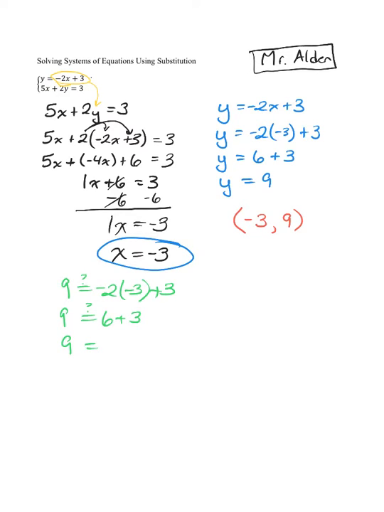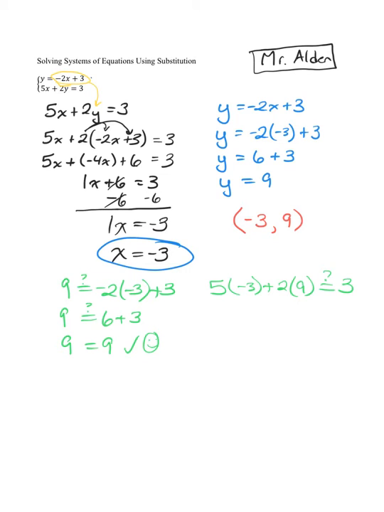And 6 plus 3 does, in fact, oops, need to erase that. It was a boo-boo. Okay, fix that. 6 plus 3 is 9. Check. It works. And that's great that it works for one, but it's got to work for both. So let's try the second one. So we're going to do 5 times x, which is negative 3, plus 2 times 9, which is our y value, we think equals 3.